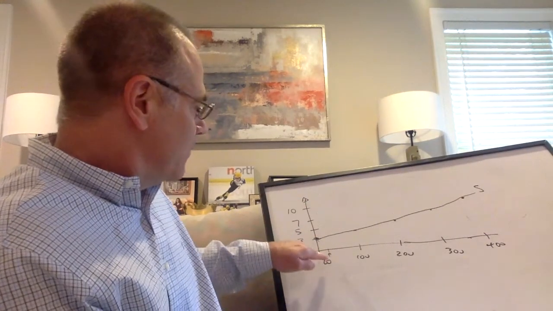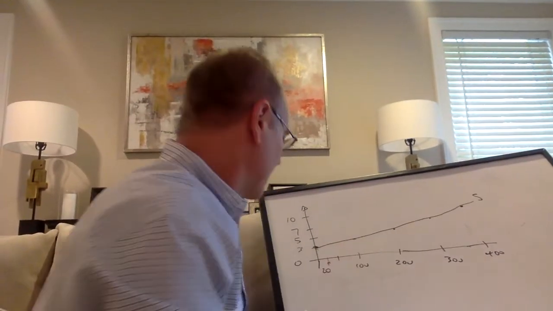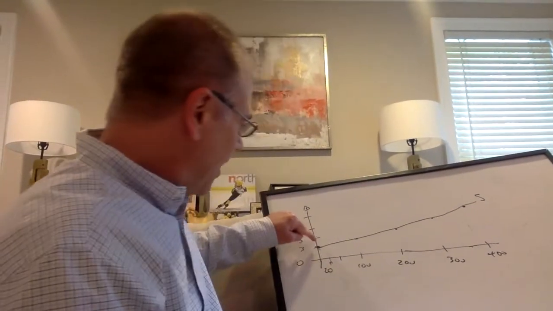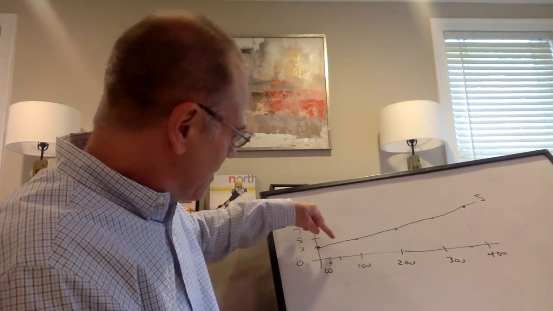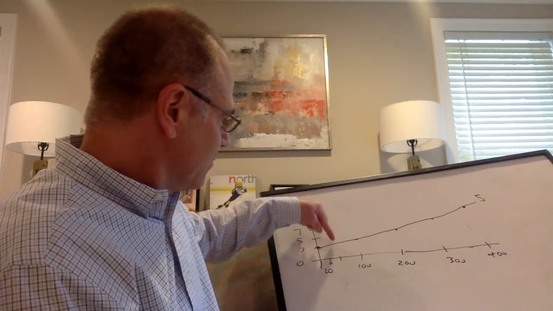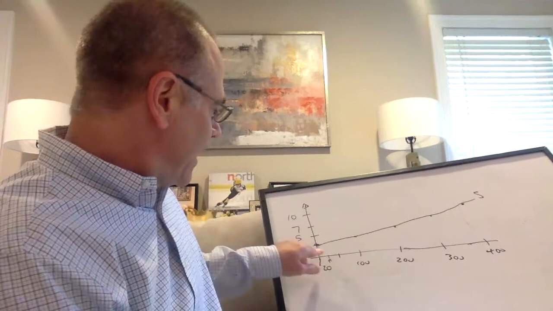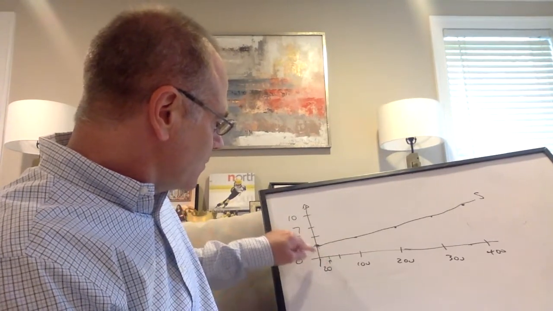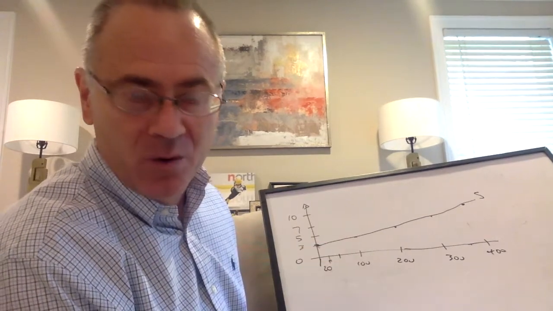The second person wants a little bit more than $3 an hour, something like $3.20 or $3.40.